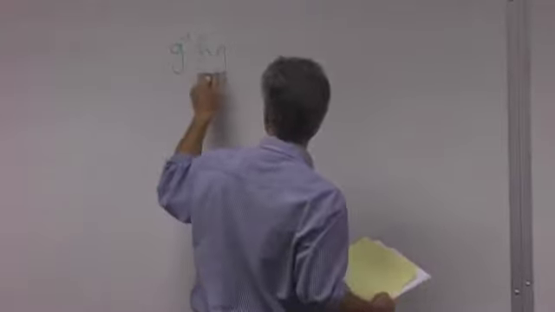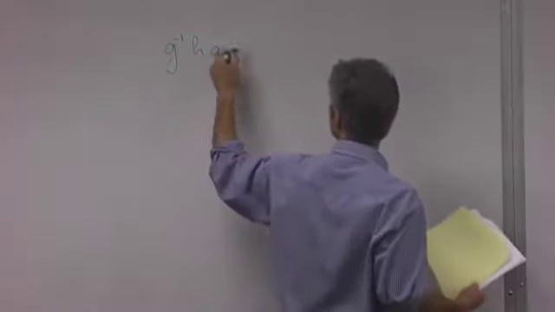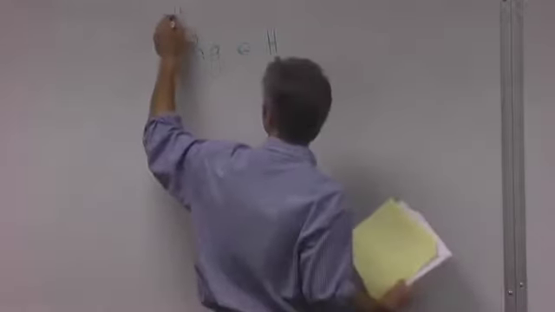The big problem that seemed to challenge people was this one: show that if you have this condition, that for each element in the group and each element in the subgroup, if you compute G inverse HG for any element G in the group and any element H in the subgroup, this winds up back in H. So that's the hypothesis.